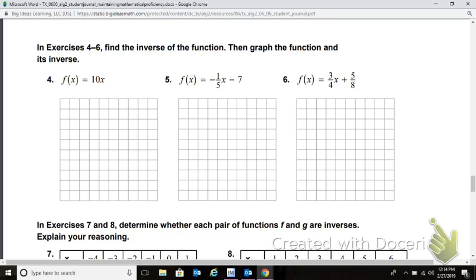And now we'll do number 6. And I'm just going to write over number 4 on this one. So just write wherever you have room. If you need an extra sheet of paper, that's fine too. All right, so we'll switch x and y.